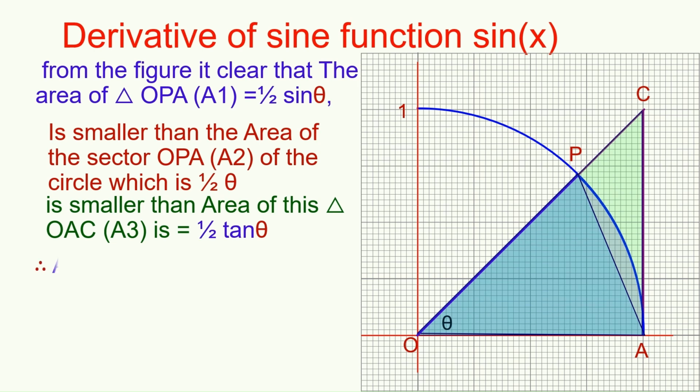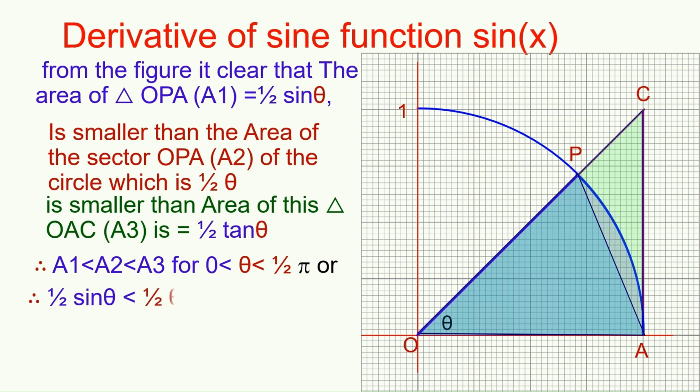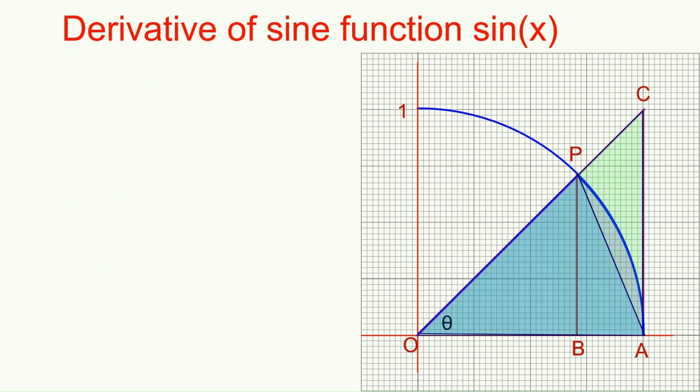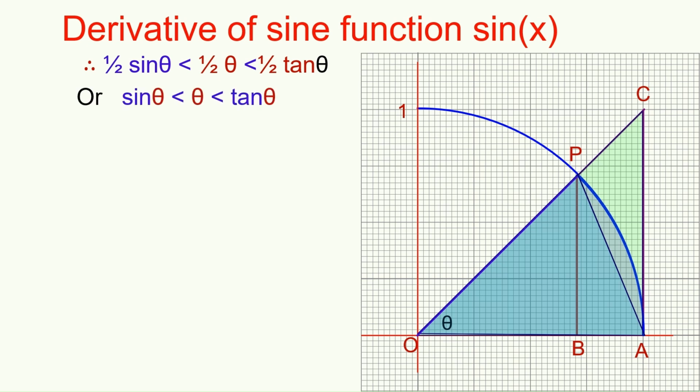Therefore A1 less than A2 less than A3. For 0 less than theta less than 1/2 pi, 1/2 sine theta less than 1/2 theta less than 1/2 tan theta, or sine theta less than theta less than tan theta.